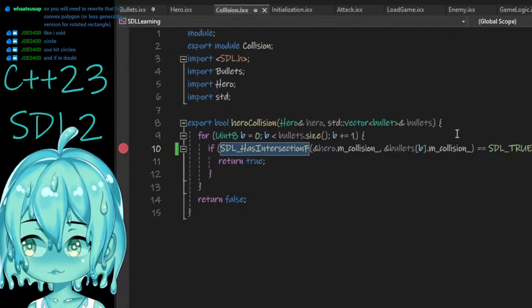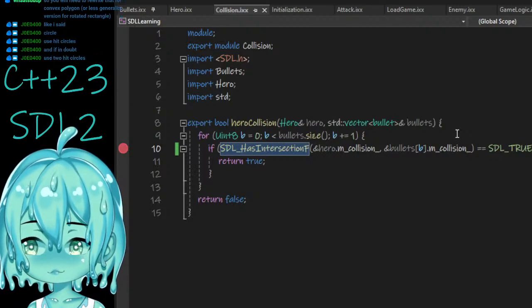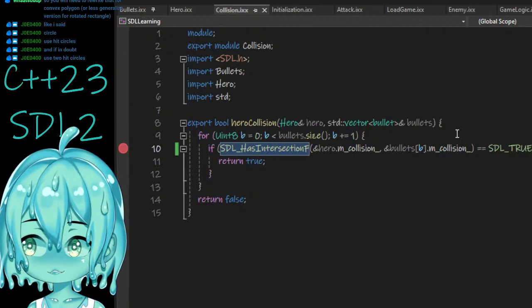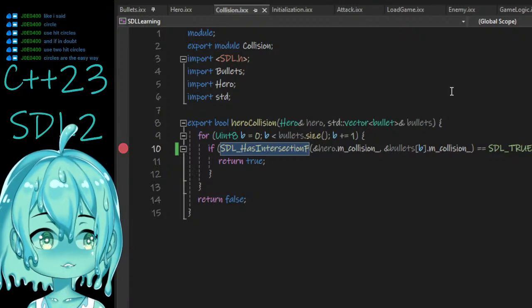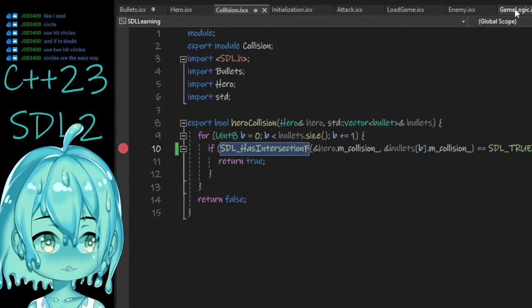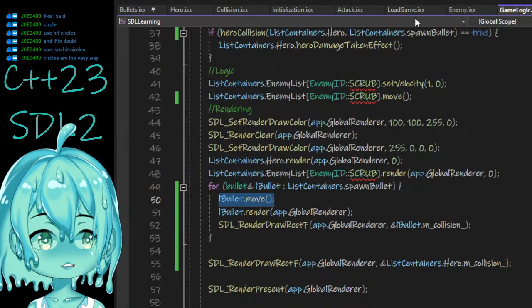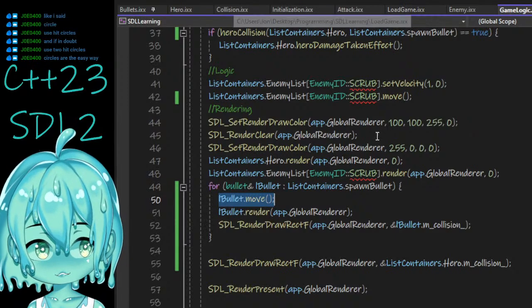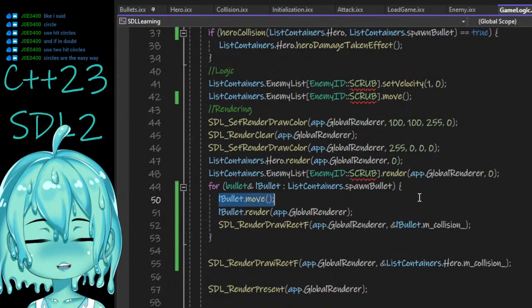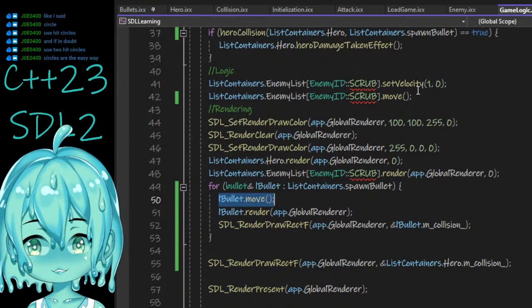Like I said, circles. Is there really no easy way to do this? You will need to rewrite that for convex polygons or a less generalized version of rotated rectangles. Well, how about this? Can we even rotate the rectangle? Is that even a thing we can do? Yes.